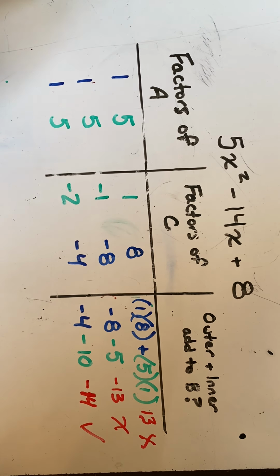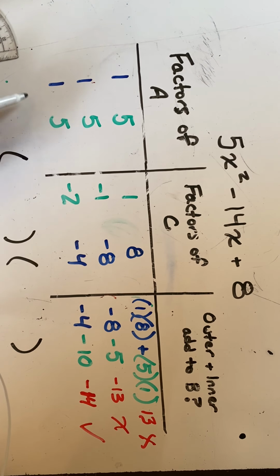Now to set up my parentheses. I'm just going to set them up down here, and I'll show you what goes where. So my 1 here comes to here, and this will be 1x. Well, I don't need to write the 1, so I'll just have an x.